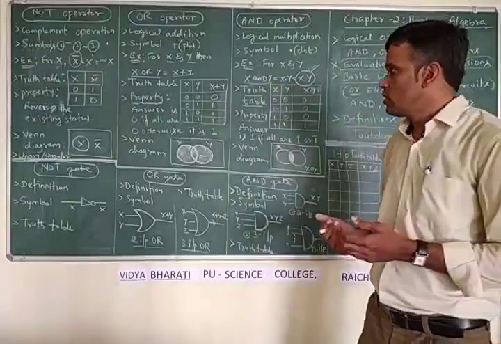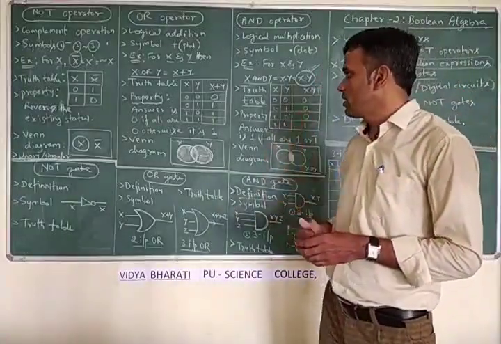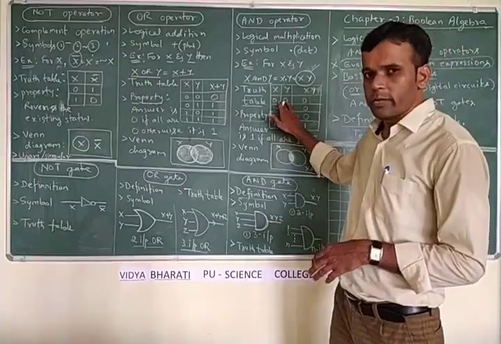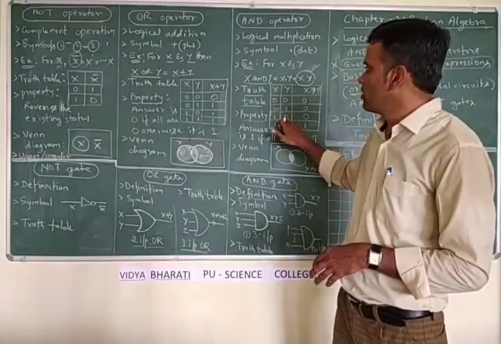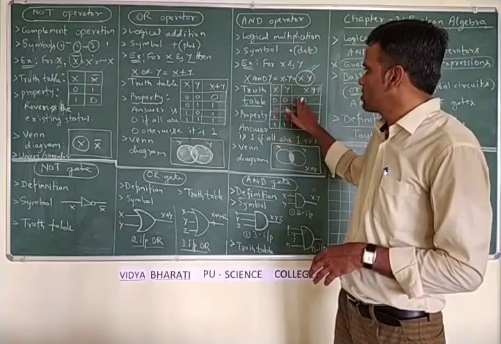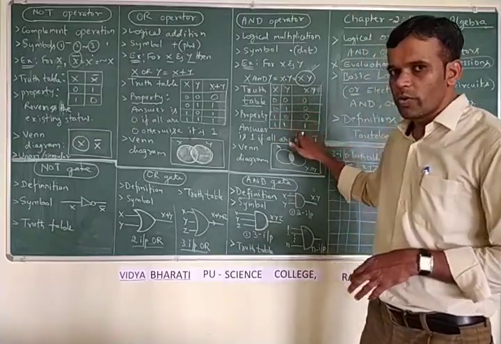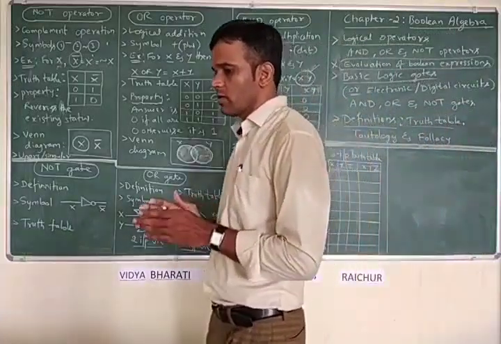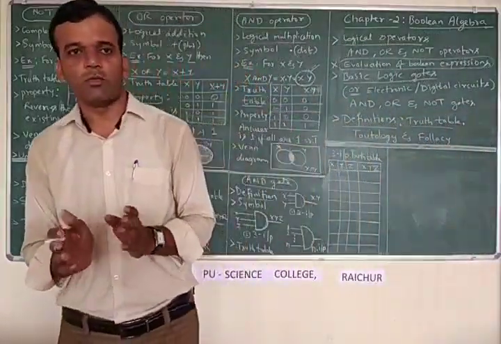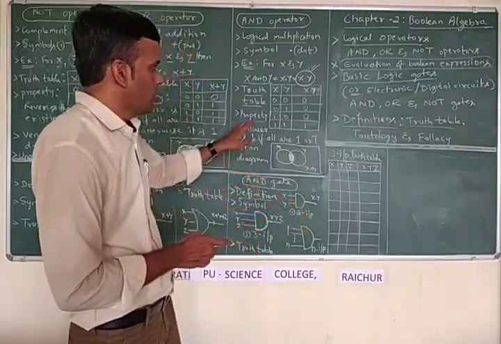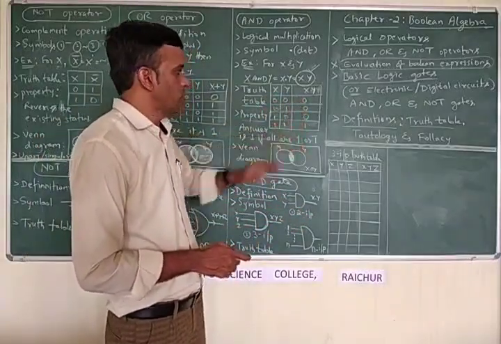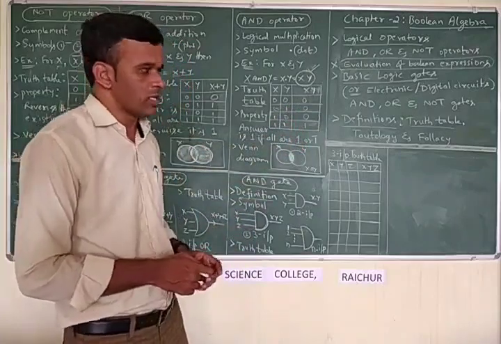A truth table is a table that has all possible input values with their corresponding output values, that is, all possible values for the given variables and their corresponding results.